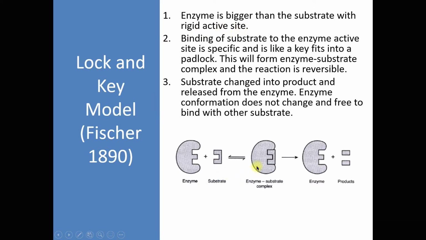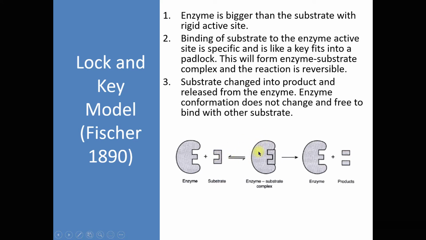Now, binding of the substrate to the enzyme active site is specific, like you can see here, like a key fits into a padlock. This will form the enzyme substrate complex, and the reaction is reversible. The binding of the enzyme with the substrate is very similar to a key that fits into a padlock, and this process is reversible.